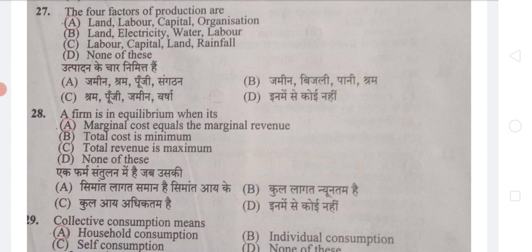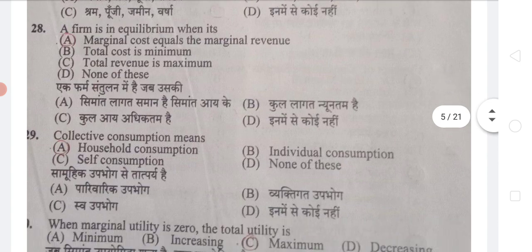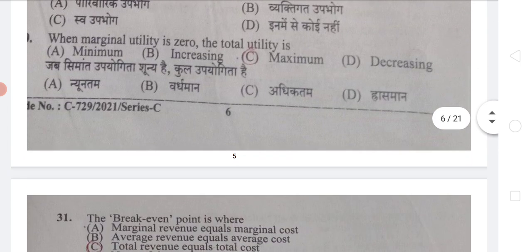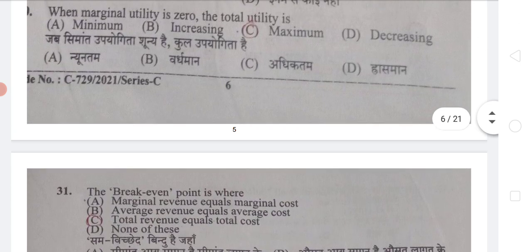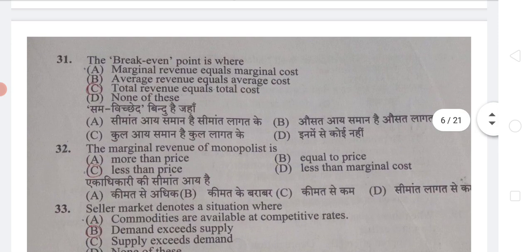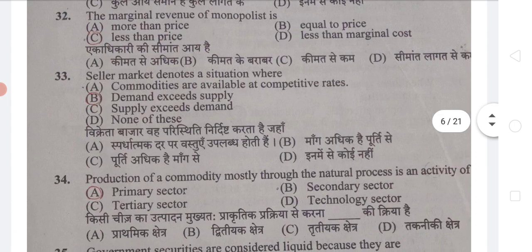Collective consumption means A. Household consumption. When marginal utility is 0, the total utility is C maximum. The break even point is where C total revenue equals total cost. The marginal revenue of monopolist is C less than price.